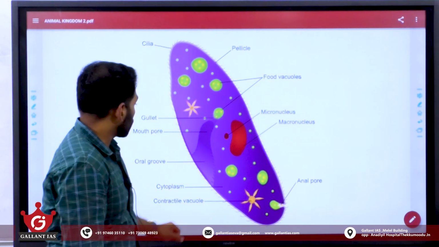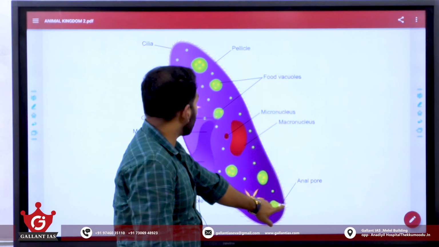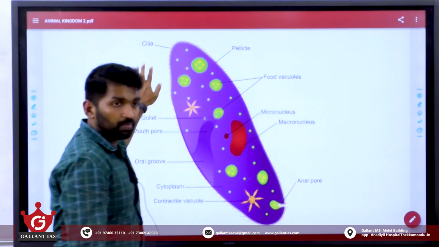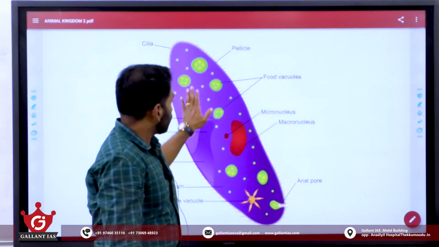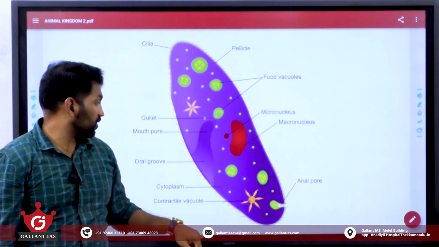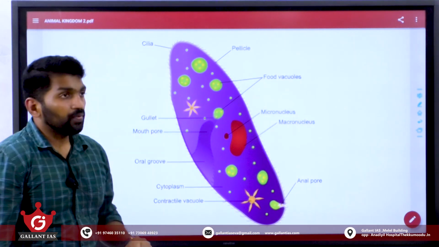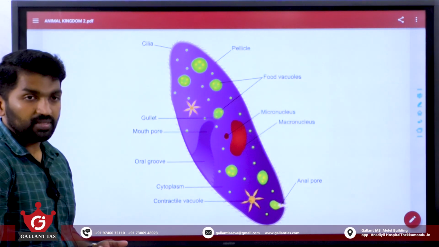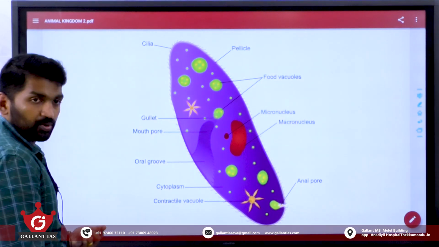So it has a definite anal pore. This is the pellicle lining. The cilia or the fimbriae will be attached to this structure. And food vacuoles and contractile vacuoles are another characteristic of this phylum. When we look into paramecium, we will find two contractile vacuoles. Paramecium is an exception as such. We will look at it in detail.